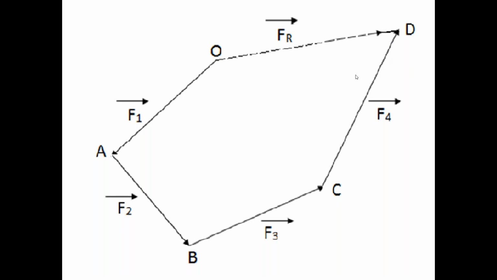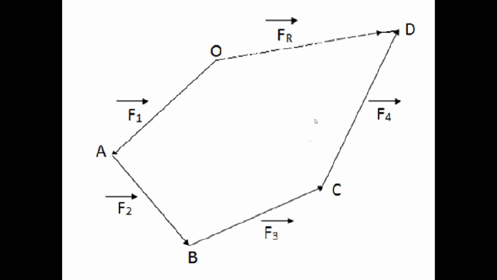So we consider the four forces as the sides of the polygon OA, AB, BC and CD. All the directions are continued. This is called the same order.